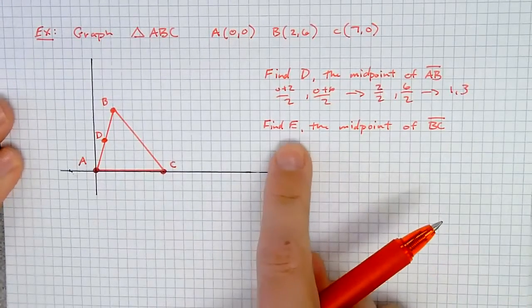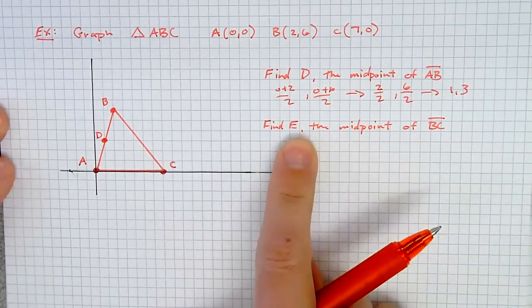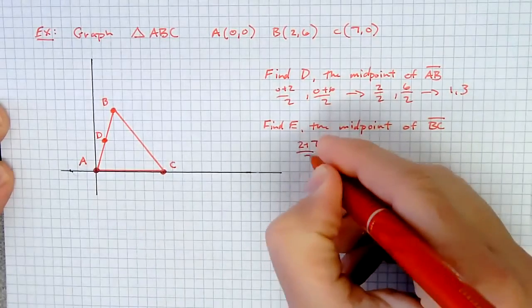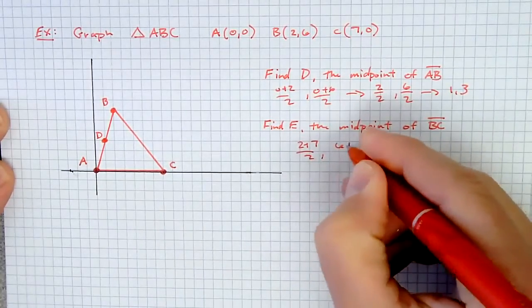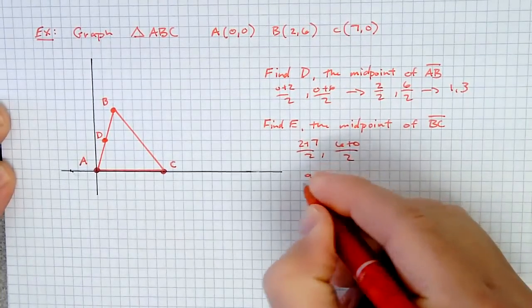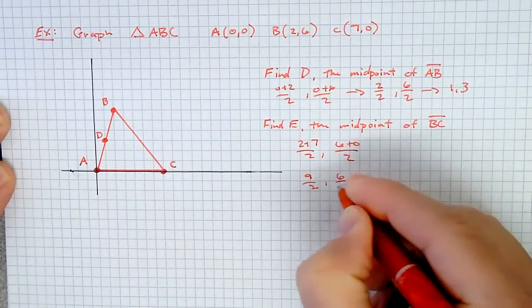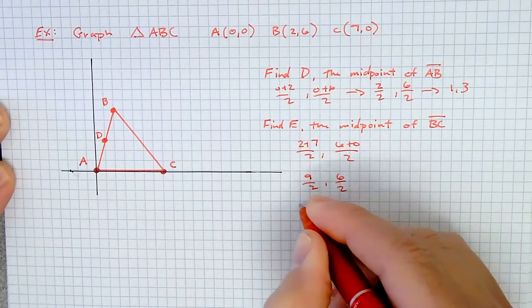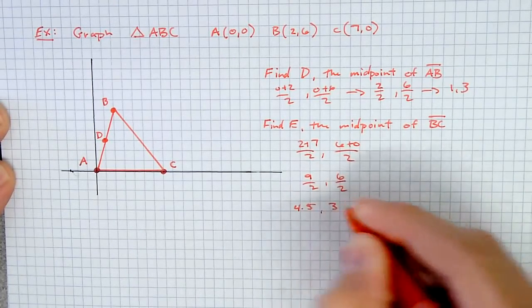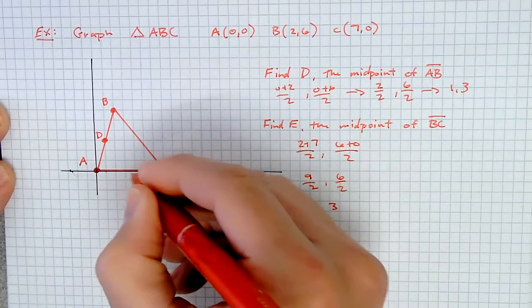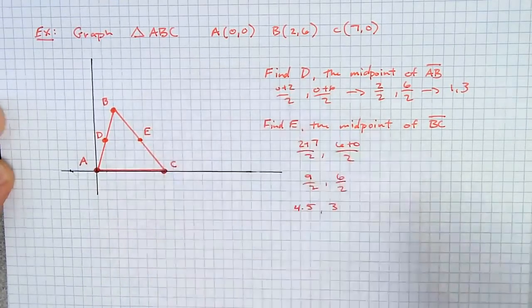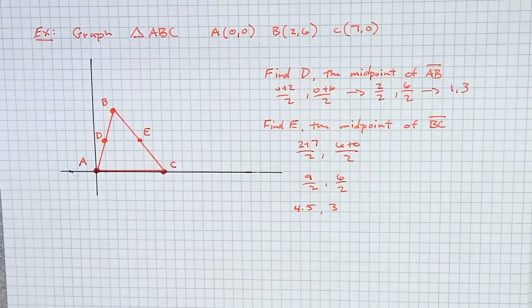Midpoint of BC, we're calling E. 2 plus 7 for our x values over 2, and 6 plus 0 over 2. So we get 9 over 2 and 6 over 2. So we get (4.5, 3). 1, 2, 3, 4.5, 3 right there for letter E.